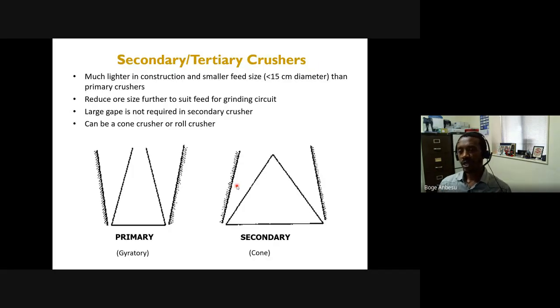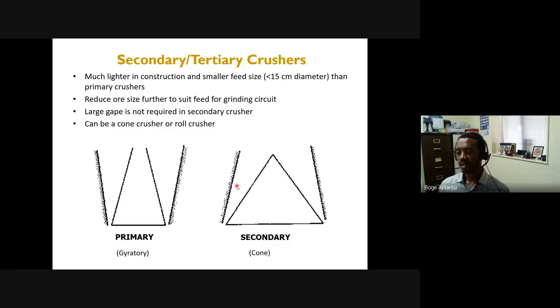So as I mentioned, for primary crushers, we use either a jaw crusher, gyratory crusher, or impact crushers. And again, you can make decisions of which one to buy for your operation based on what you want to achieve. Okay, so they have different advantages and disadvantages.